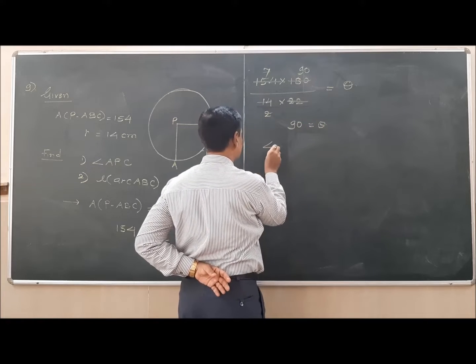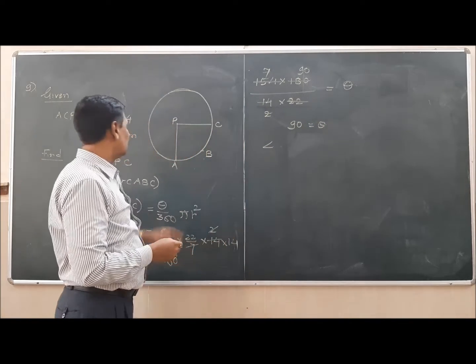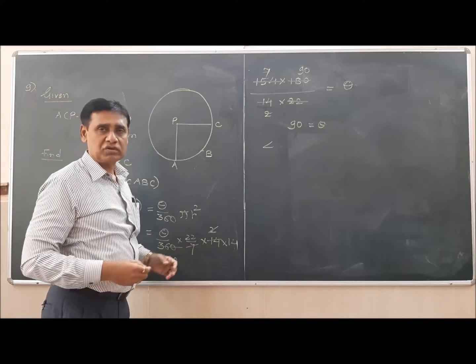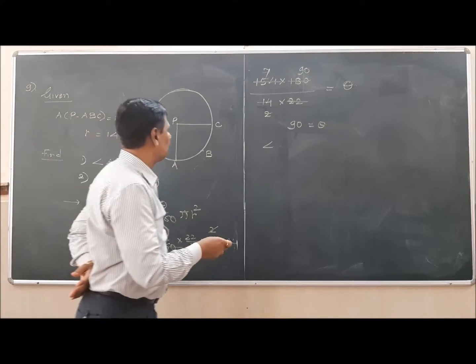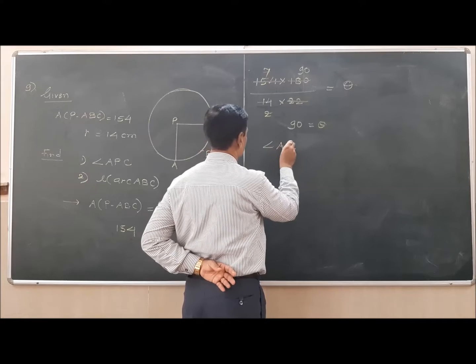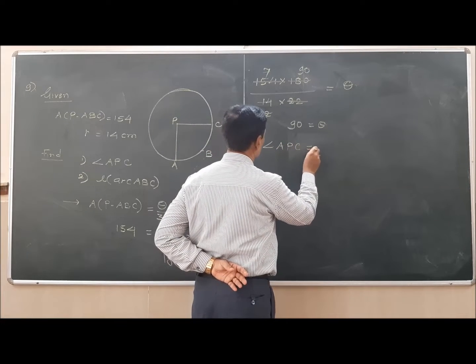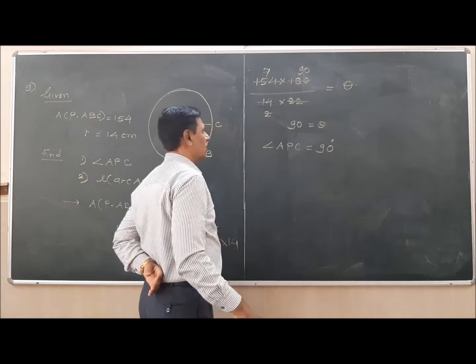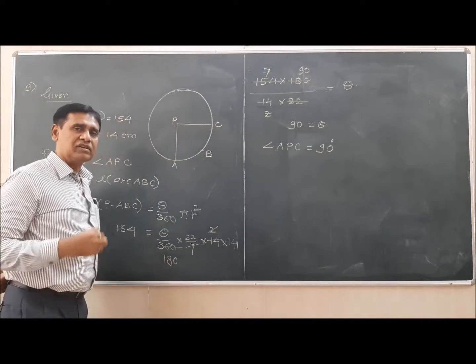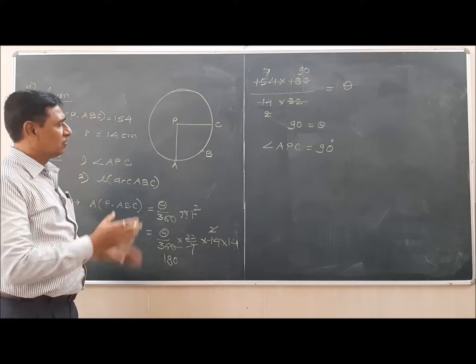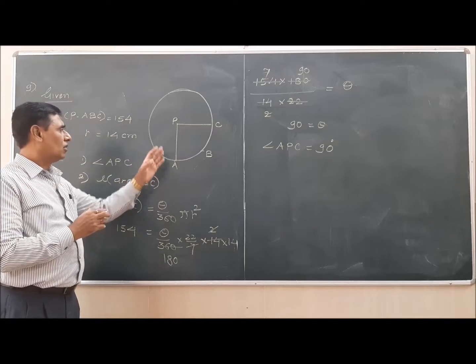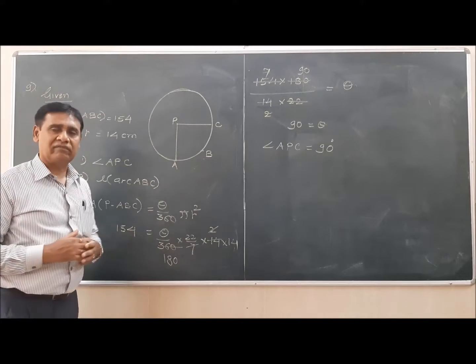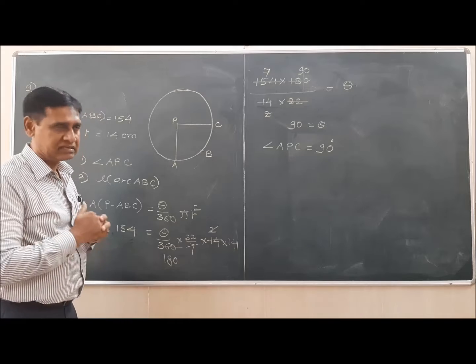Or the same way I can say it as angle APC, that is what is asked in the question. Angle APC is equal to 90 degree. So we have solved the first part of our question. To find out the value of angle APC, I obtained the value of angle APC as 90.